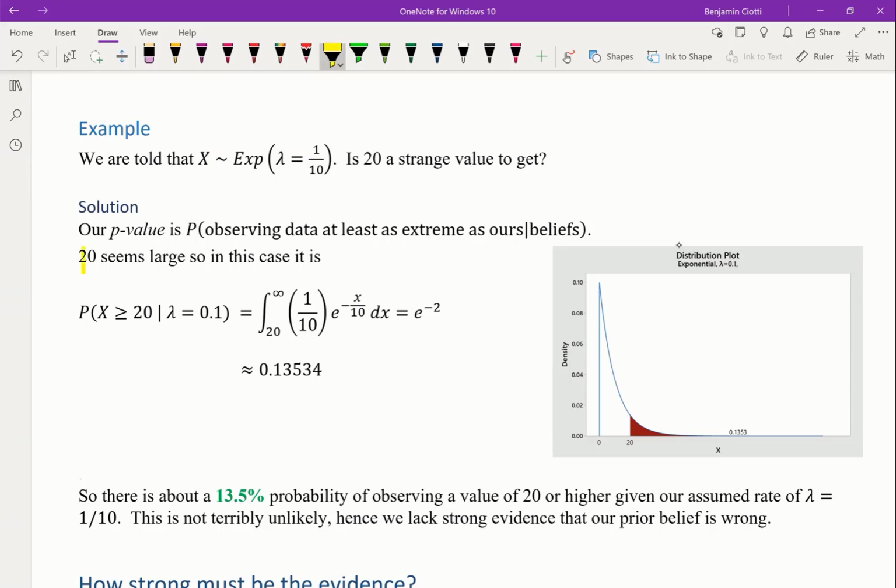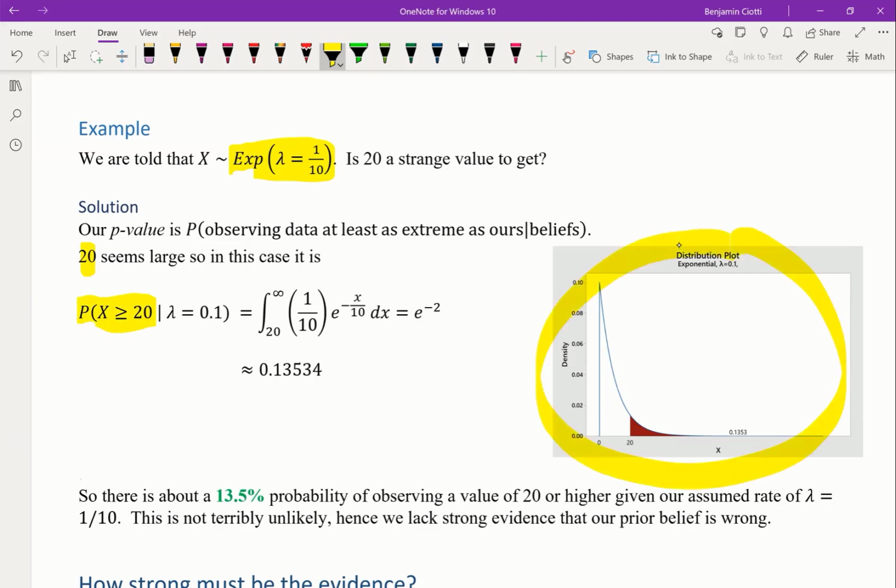So 20 is bigger than what we would expect to get. On average, an exponential distribution with rate lambda equals 1/10 would equal 10, actually, 1/lambda. So 20 is on the large side. So the probability of observing data at least that extreme would be all the area to the right of 20.